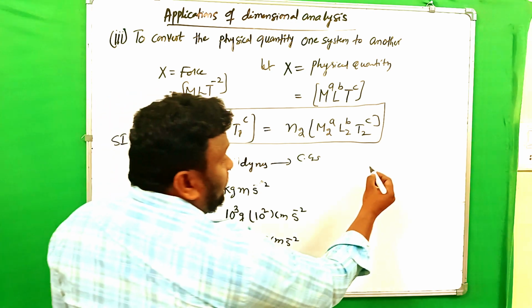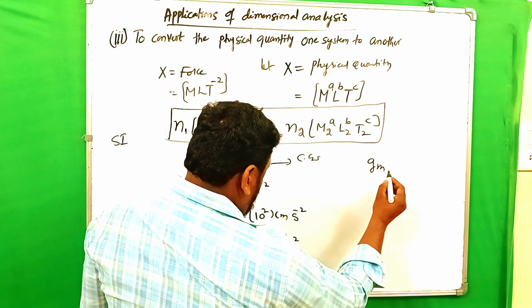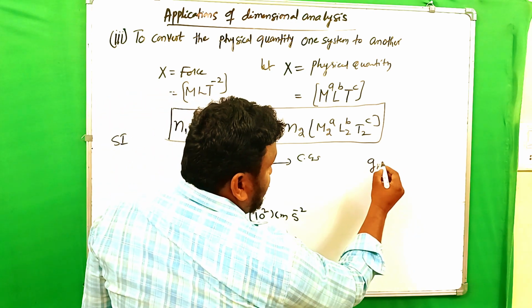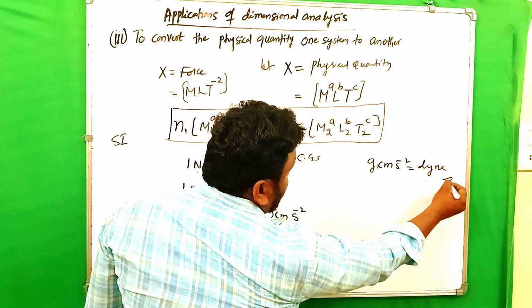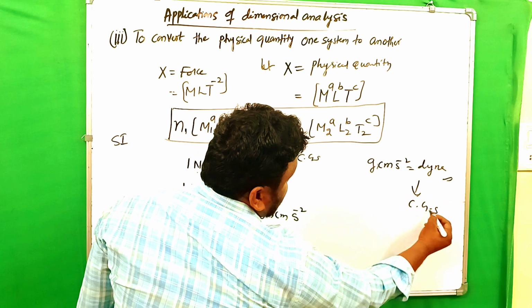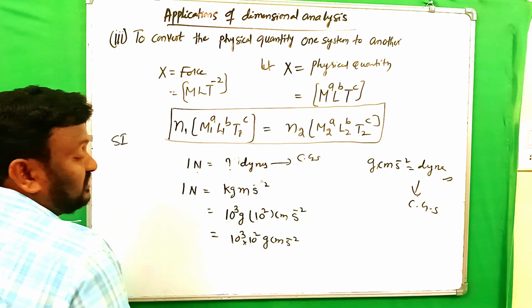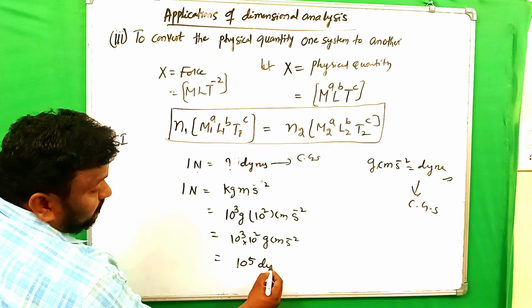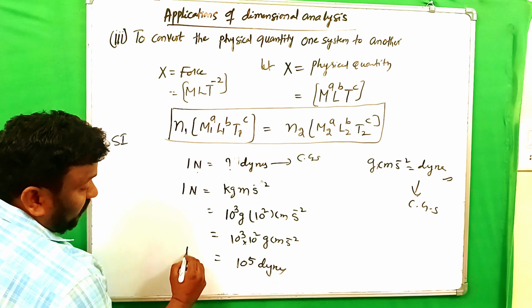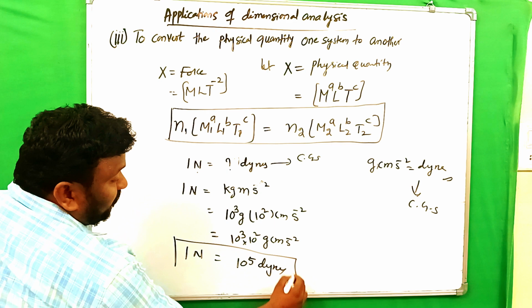The unit gram centimeter second inverse 2 is nothing but dyne, which is in CGS. So in this way we can convert. So 1 Newton is equal to 10 to the power 5 dynes.